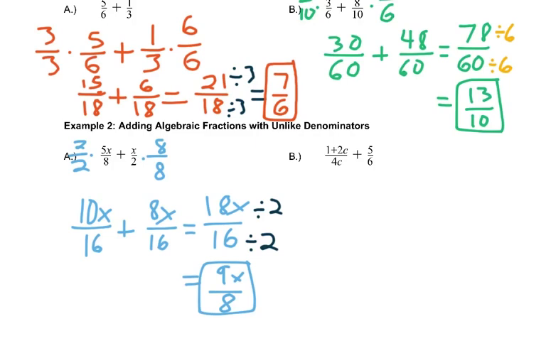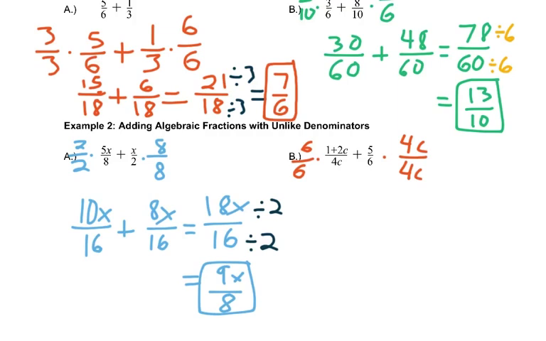Now in B, we have a variable in the denominator, 1 plus 2c over 4c plus 5/6. Doesn't change anything. We still do the exact same thing. So I'm going to multiply the first one by 6 over 6, and the second one by 4c over 4c, including the variable c.